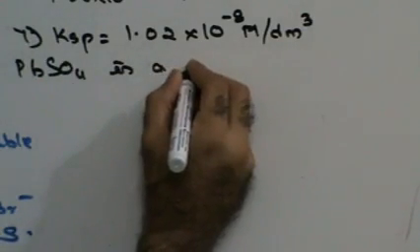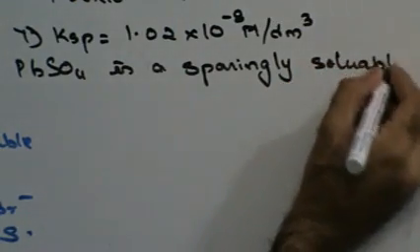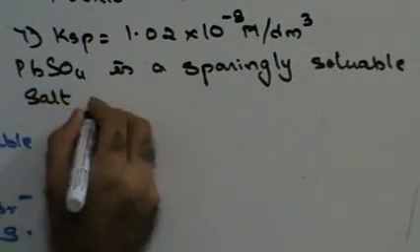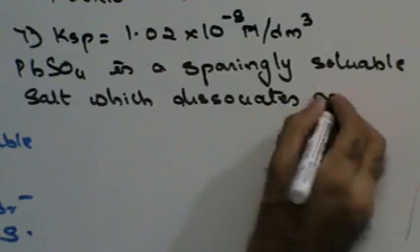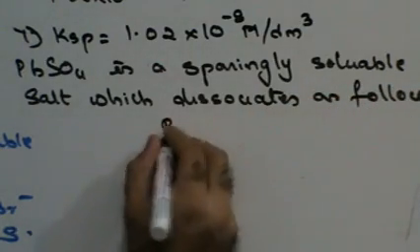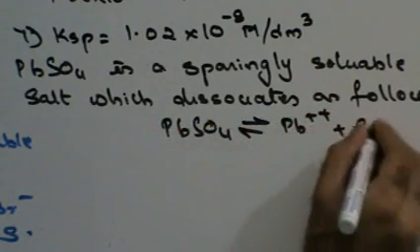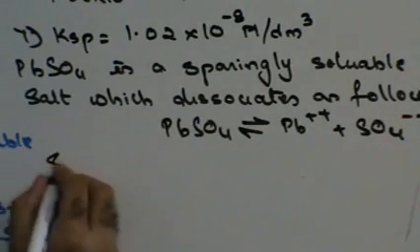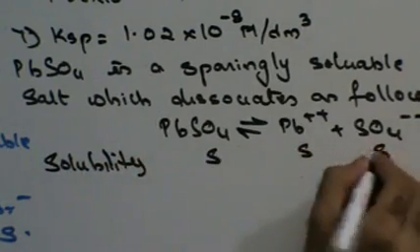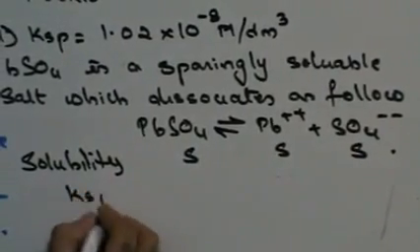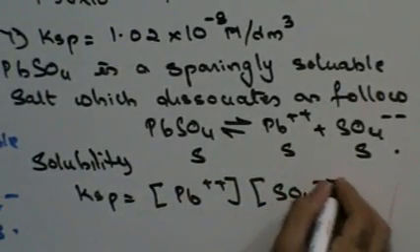Lead sulfate is a sparingly soluble salt which dissociates as follows. PbSO4 will dissociate reversibly to give you Pb plus plus plus SO4 minus minus. Solubility, if this is S, then this and this will also be S. So I can therefore say that Ksp is active mass of Pb plus plus into active mass of sulfate minus minus.